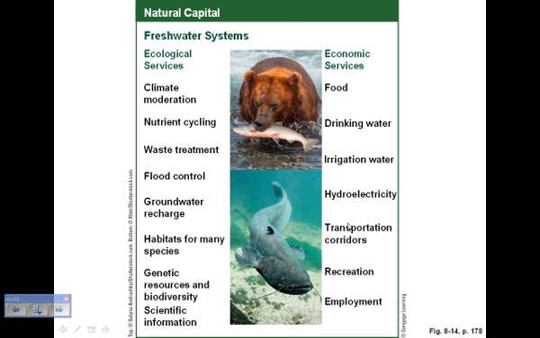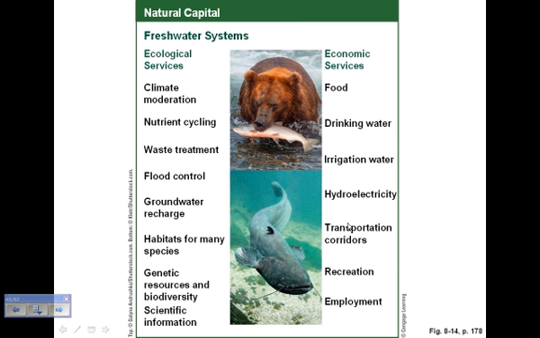Now, just like the marine ecosystems, our freshwater systems provide a tremendous number of ecological and economic services. Climate moderation, once again, because water has such a high specific heat, it's going to heat up and cool down slowly, which means it's going to help moderate that climate.